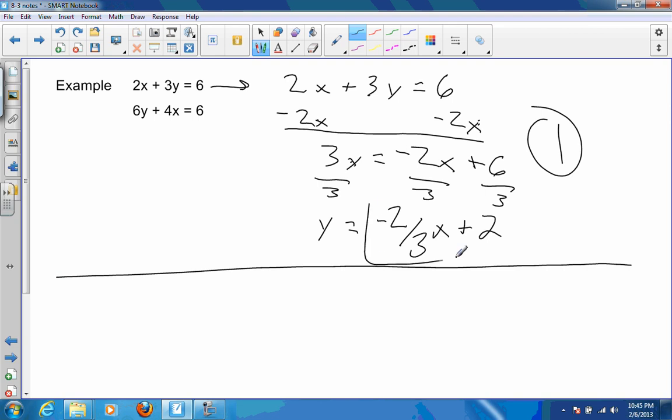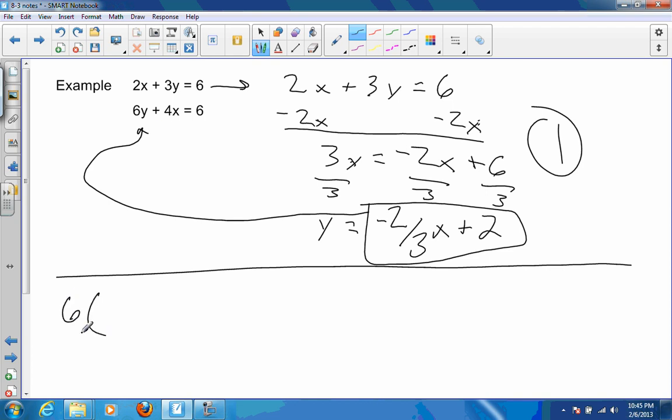Now I take this answer and I substitute that into y in the other equation. So I got 6 times, instead of y, negative 2/3 x plus 2 in parentheses, and then finish writing my equation, plus 4x equals 6. Okay? Now I got to do some distribution.